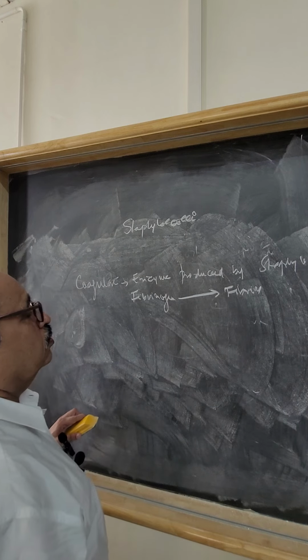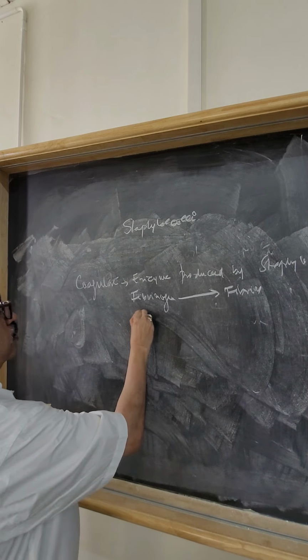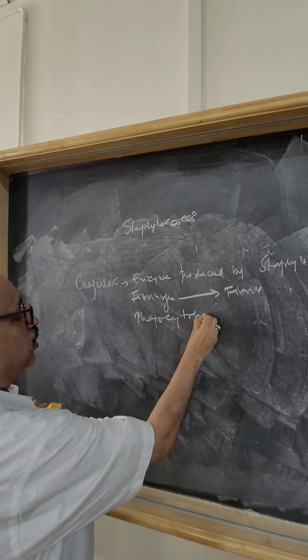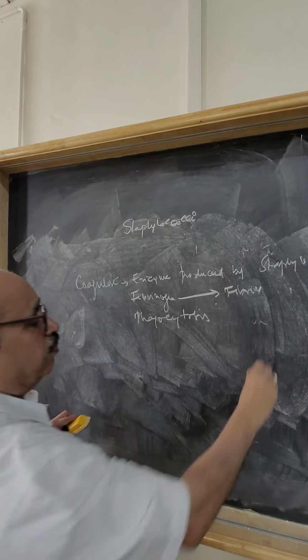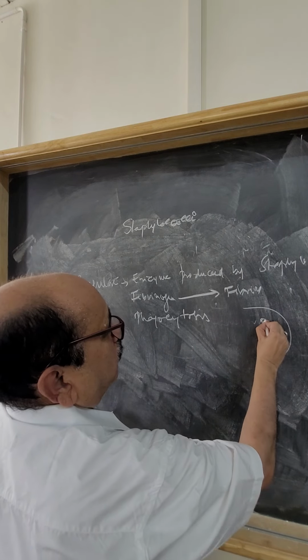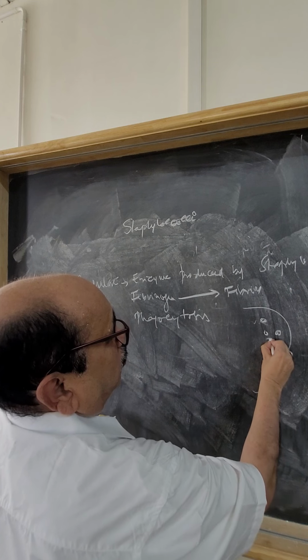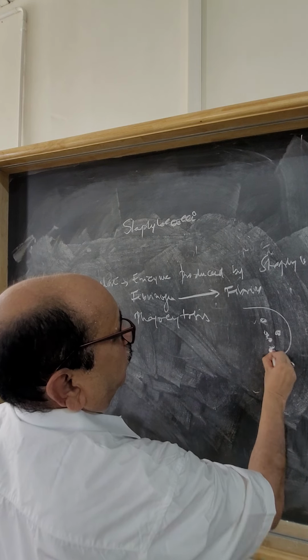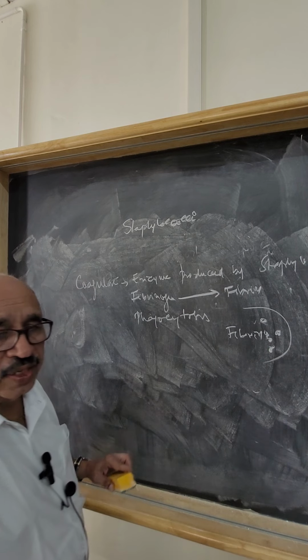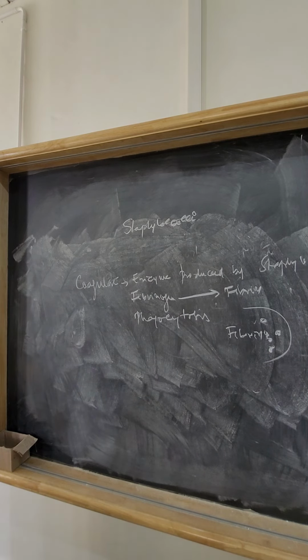So it protects against phagocytosis by forming a fibrin barrier around the organism. It protects the staphylococci by producing a fibrin barrier around the organism.